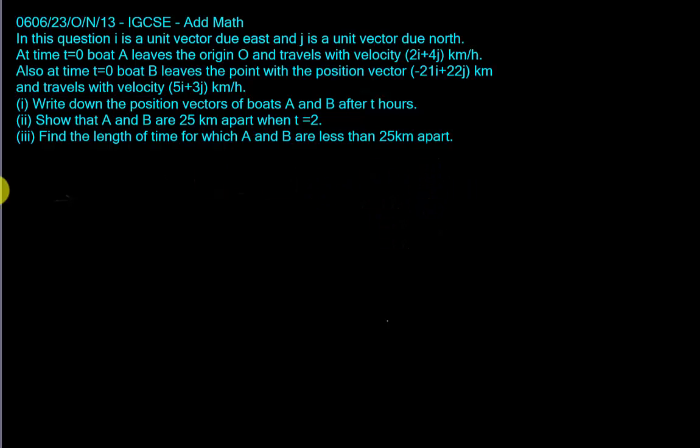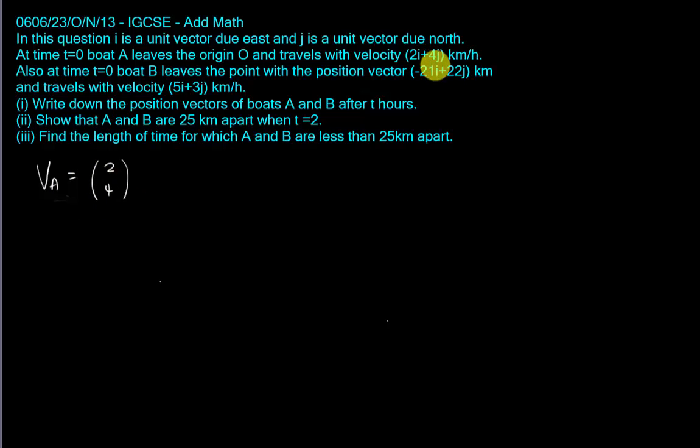Right, so at time t equals 0, boat A leaves the origin and travels with the velocity, so this is the velocity of boat A. It will be 2i and 4j. I write it as a column vector.